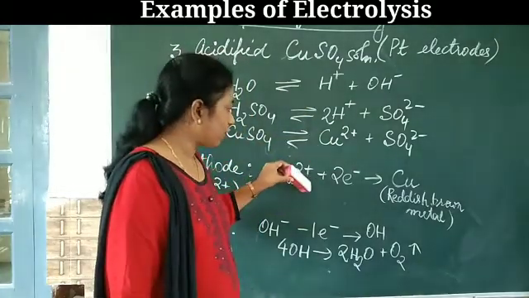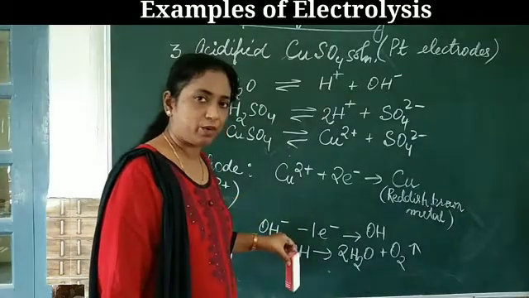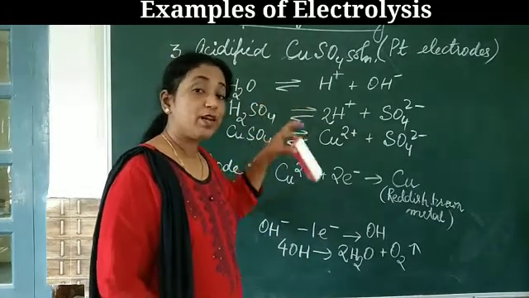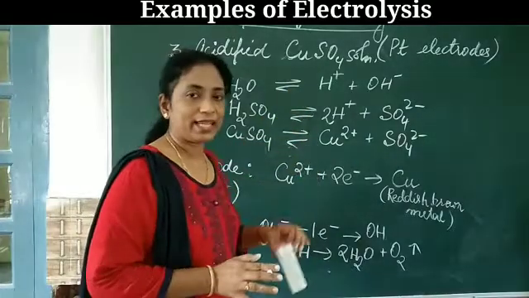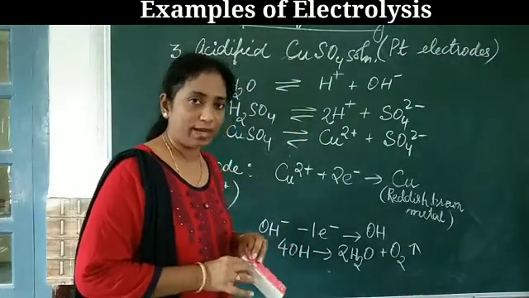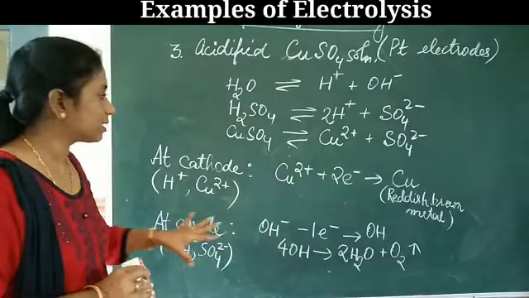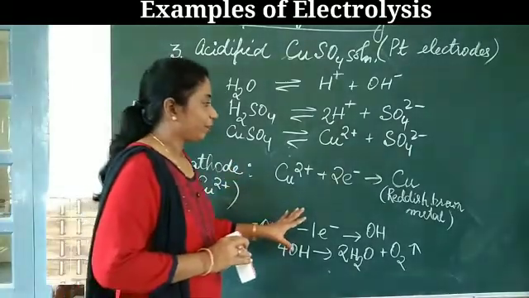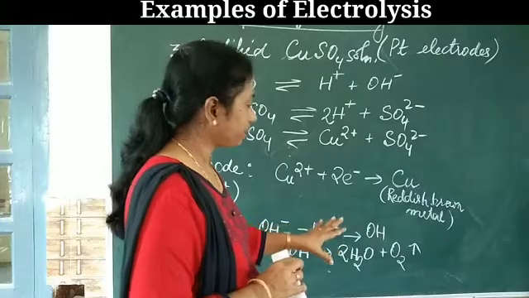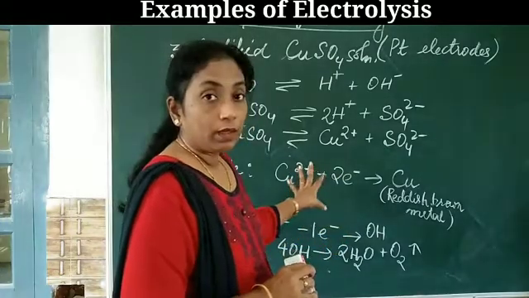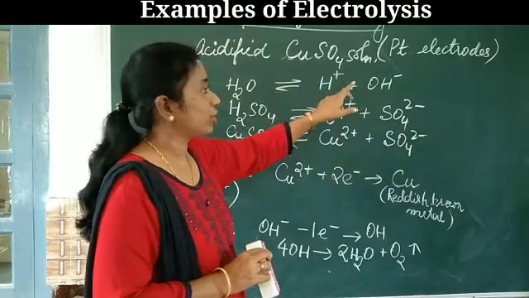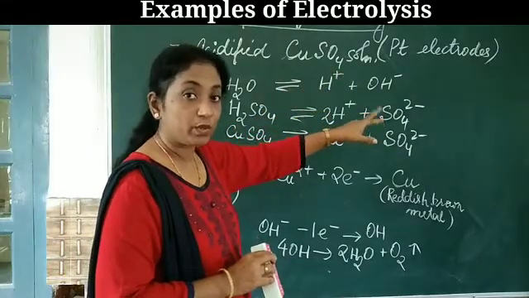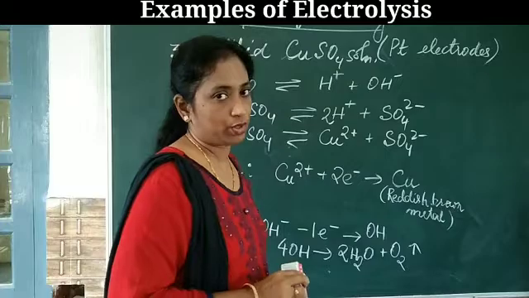You will get 1 mark for the cathode reaction, 1 mark for the anode reaction, no marks for this, but so that you don't go wrong, it is better to write the ionization reactions as well. So this is what you see when acidified copper sulfate solution is electrolyzed using platinum electrodes.